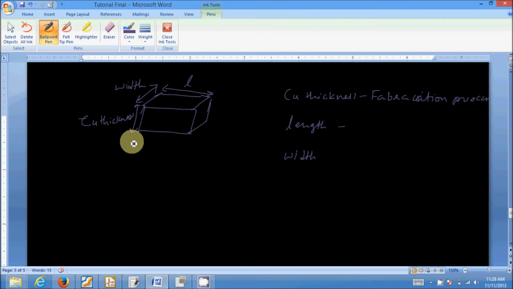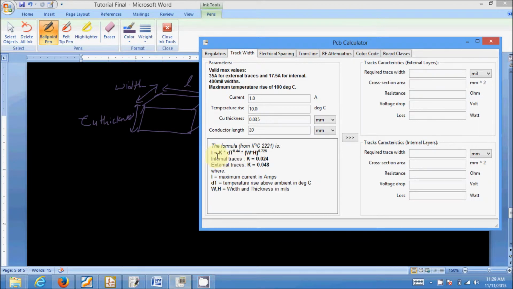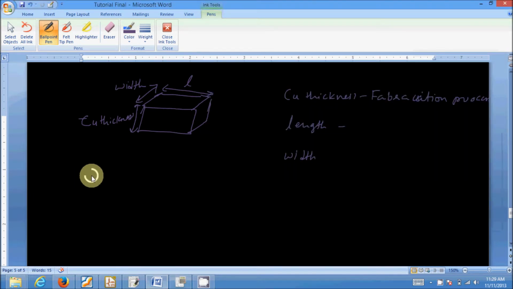So this is for fairly simple hobby designs, and even a few digital designs. Now let us see what determines this particular width of the track. If you look back to the formula here, say this is current, it gives current as an output.